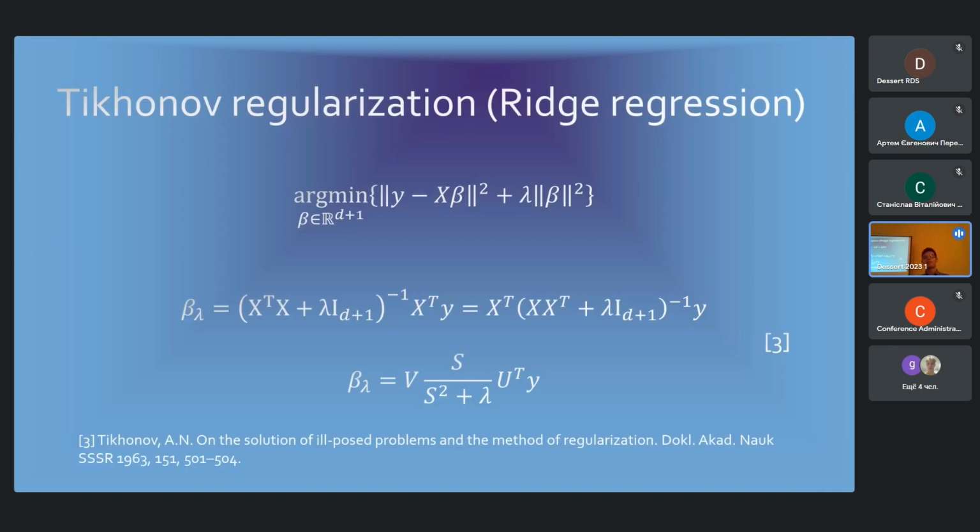Next, we have the Tikhonov regularization, which is also known as ridge regression. Now we introduce the parameter lambda, which complicates our problem. Using linear algebra properties, we come up with a very useful formula, and using the SVD decomposition, we simplify it and make it more stable.